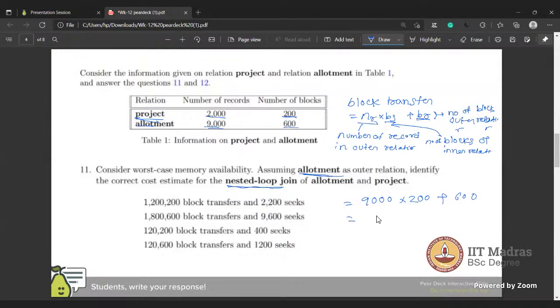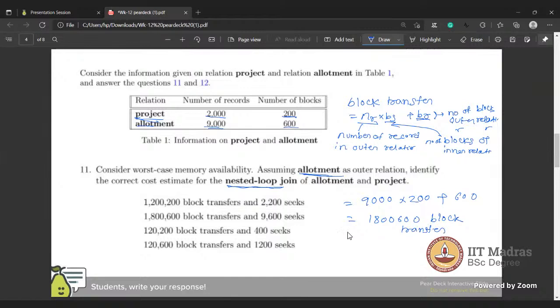So we will get 1800600 block transfers. Everyone got it?